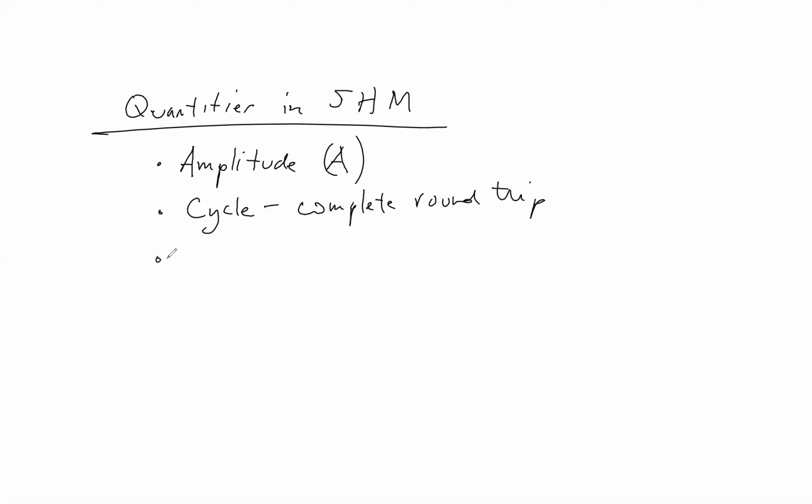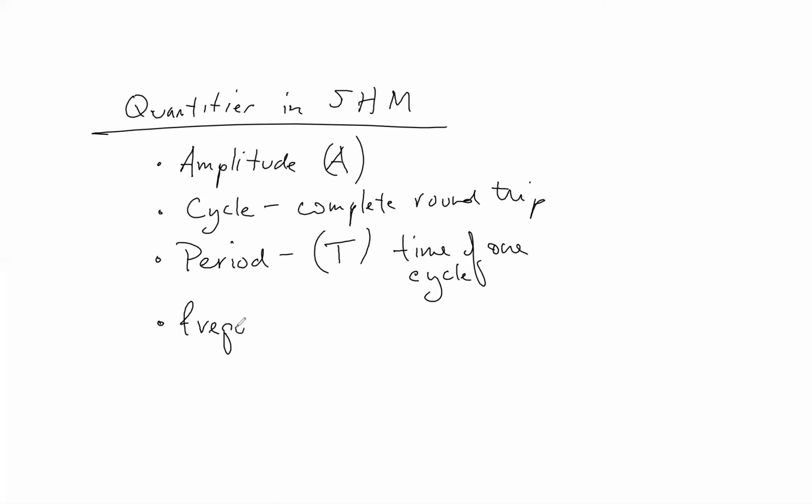Then the period is going to be the amount of time that it takes to complete one cycle, and we use a capital T for that. That should be a familiar word because we used period to describe the orbit of planets in 131. Then we have frequency, which is the number of cycles you complete in a given amount of time.